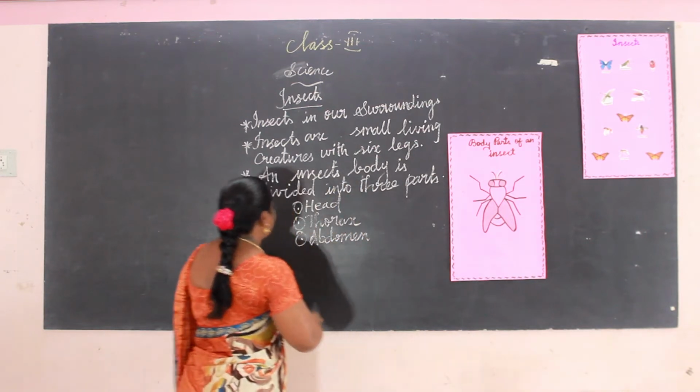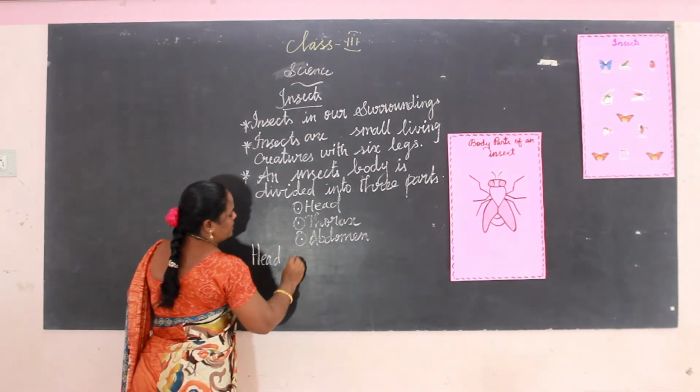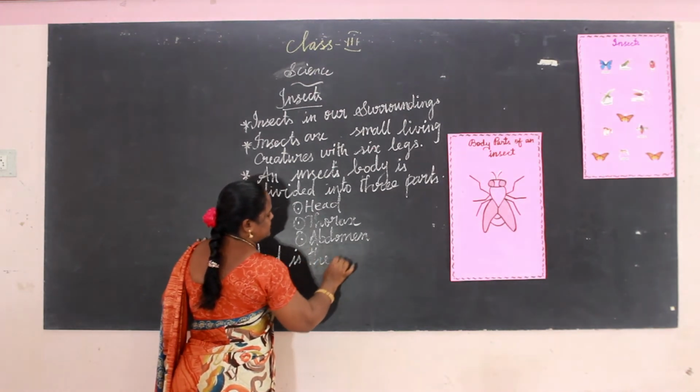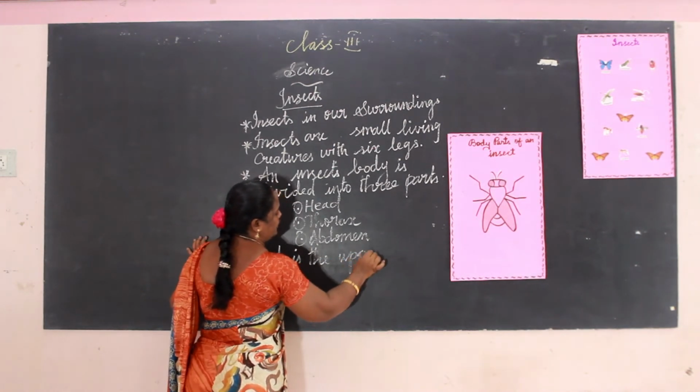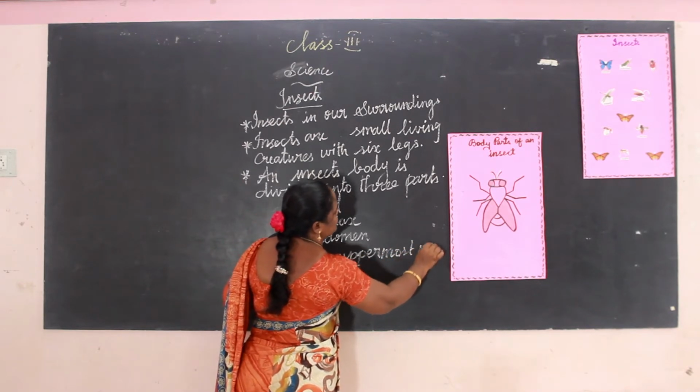And then the next one: the head is the uppermost part of an insect's body.